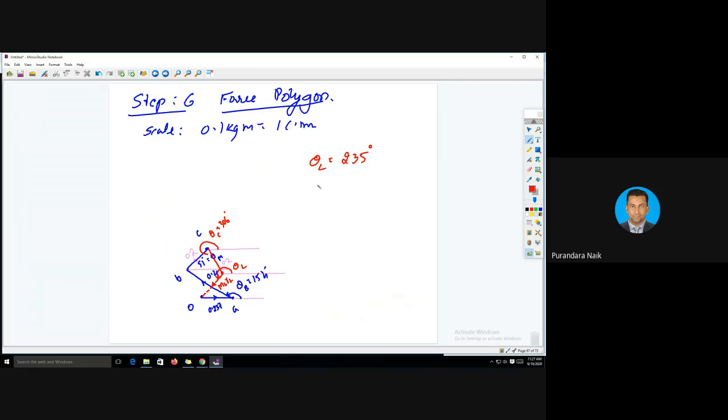Check the angle and the length. This is C, this is D, right? The point D, correct? OD into scale is equal to MLRL.